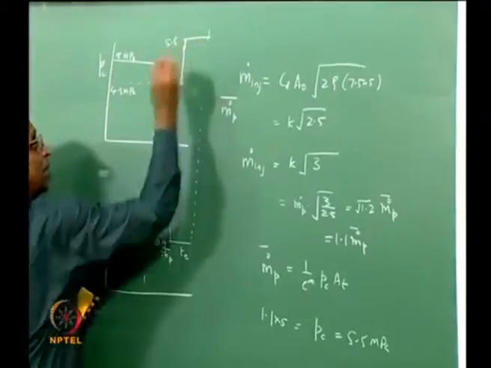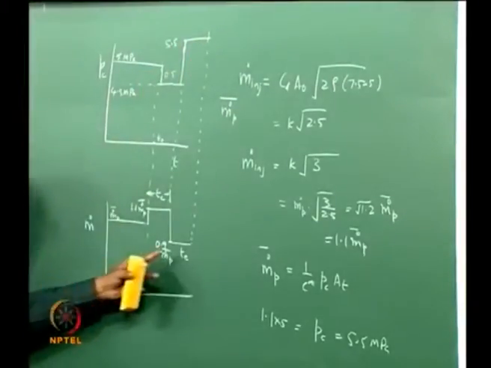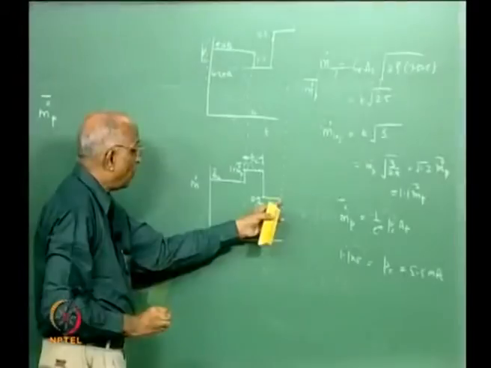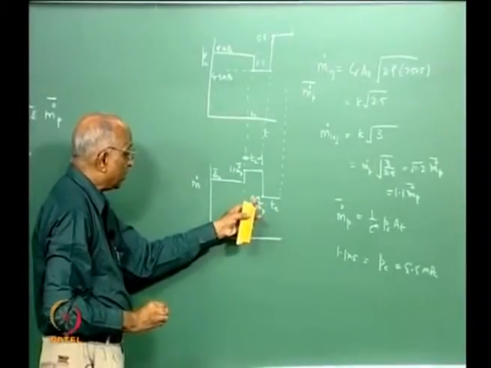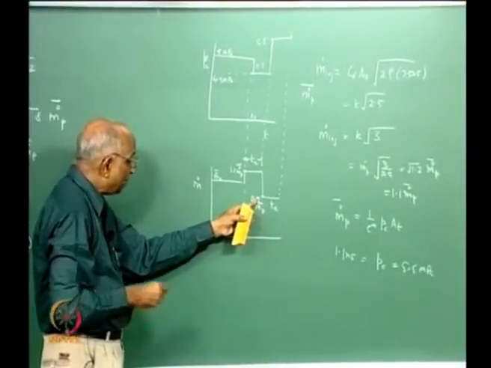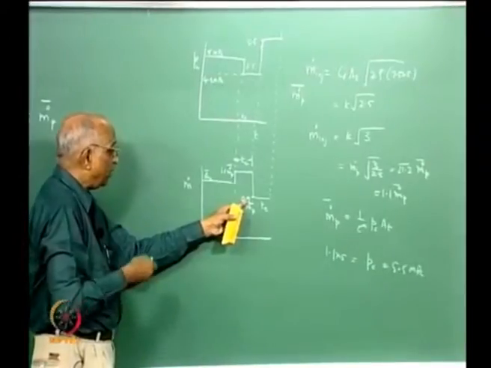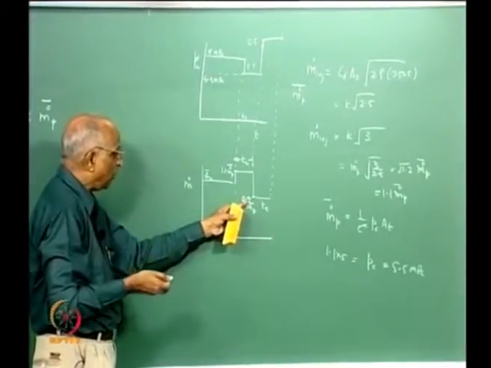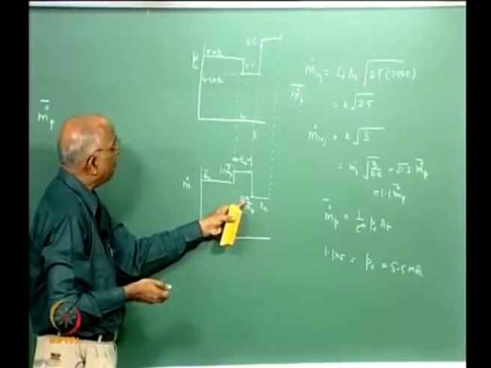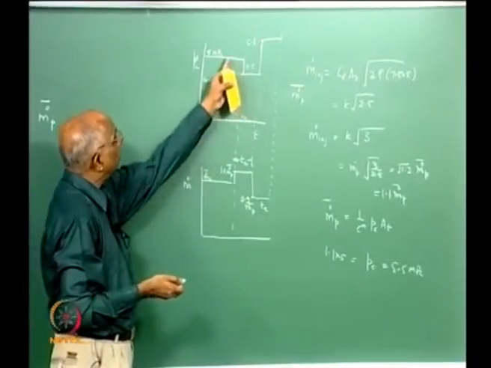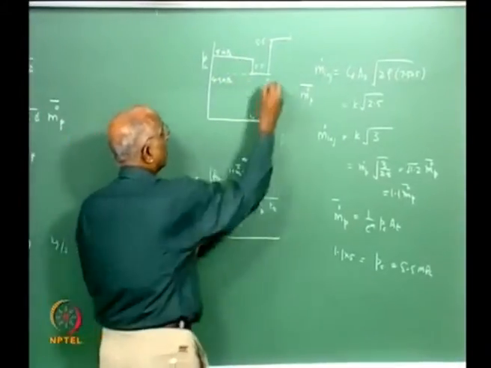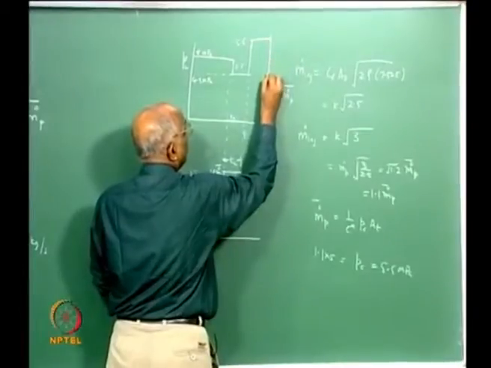Until it burns, nothing really happens. And when this quantity burns over here, the mass which is injected is 0.9, the gases which are formed are 0.9, and therefore 0.9 into the value of 5 will be 4.5. The chamber pressure now drops to 4.5 again.